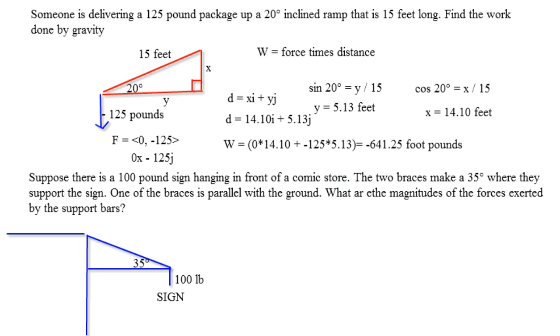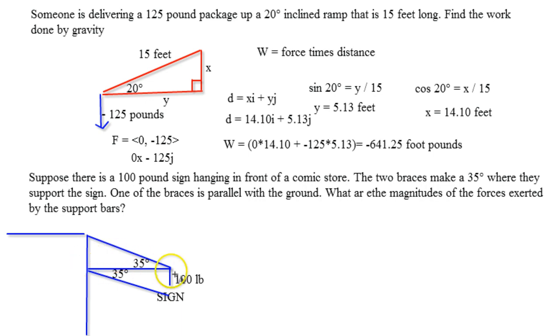Now, here's the cool thing about these type of problems: I can draw something parallel with it to go down to here, and I would have another 35-degree angle. Without this, this problem is going to be really hard unless you draw this second part. But you can say that this force is enacting upon this sign, holding it in place, and this force right here is being held by this.